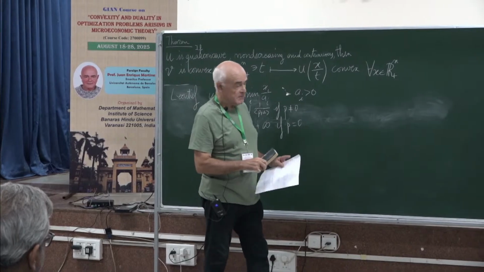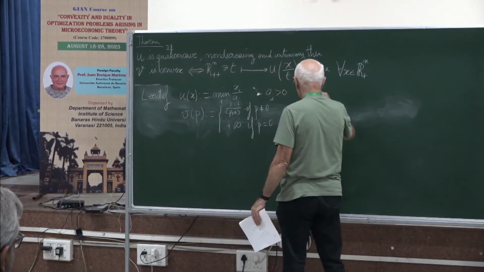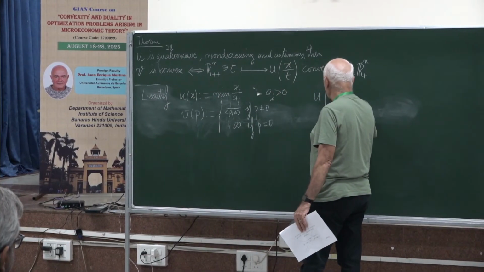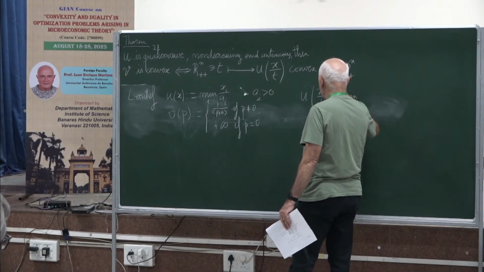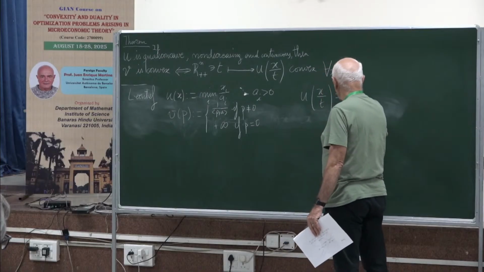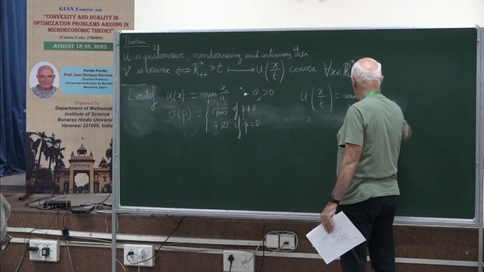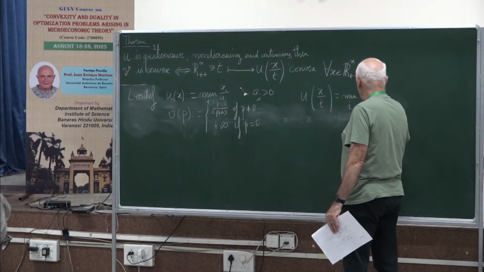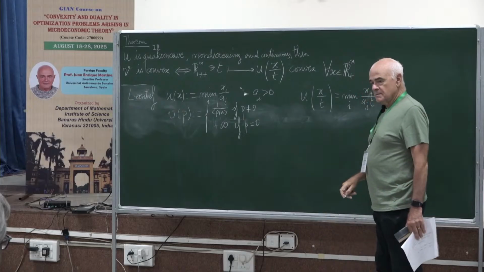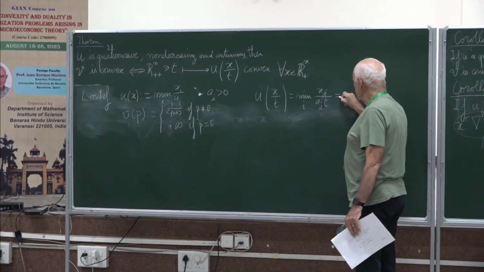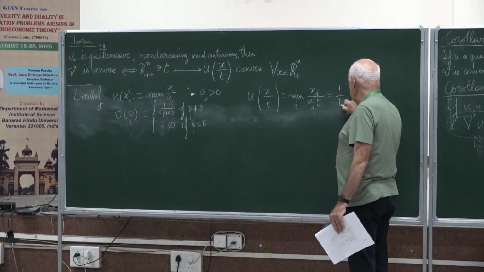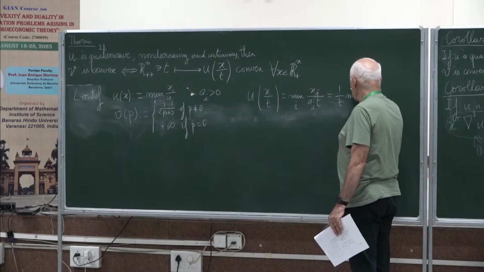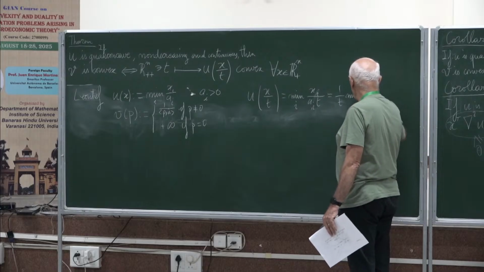Does it? What is u of x over t? This is the minimum over i of xi divided by ai t, and this is 1 over t times the minimum of xi over ai.